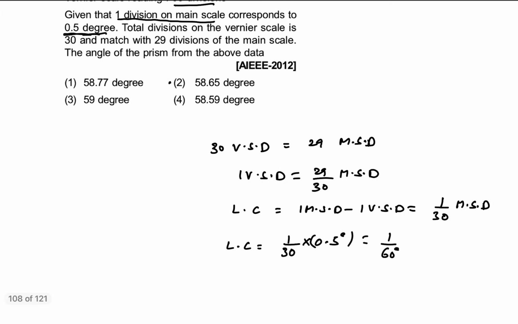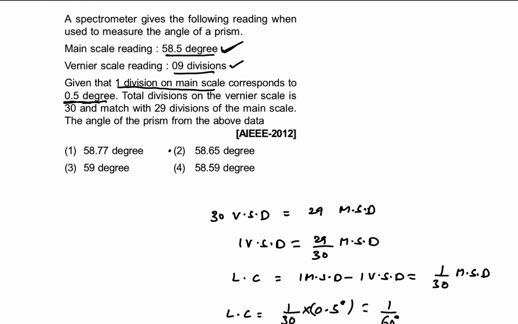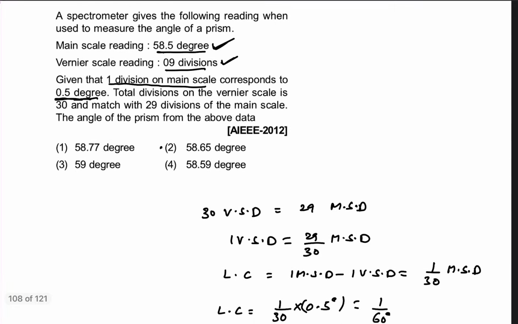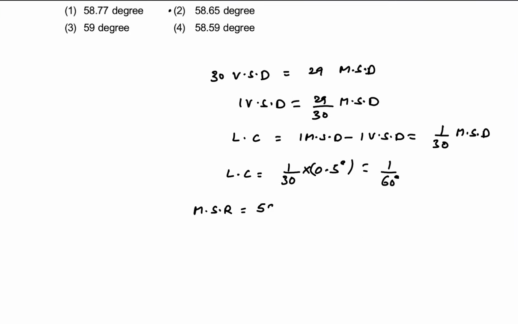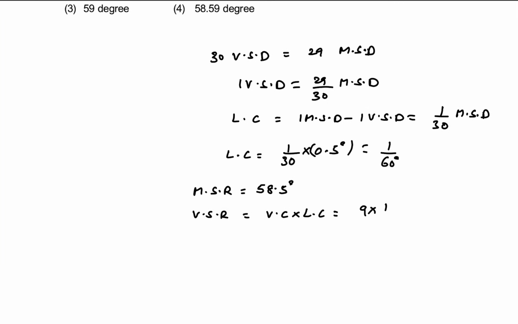Now, they are giving the main scale reading as well as the vernier scale reading. So I am writing the main scale reading is given as 58.5 degrees, and the vernier scale reading is vernier coincidence into least count. Vernier coincidence we can write as 9 into least count, 1 by 60 degrees.